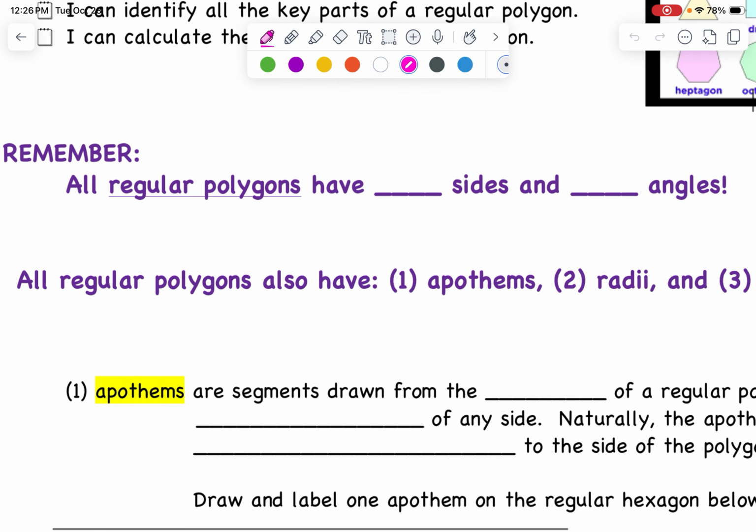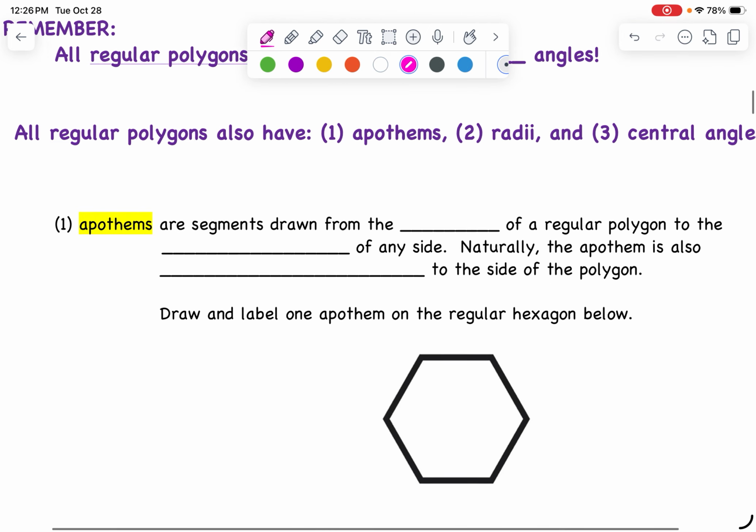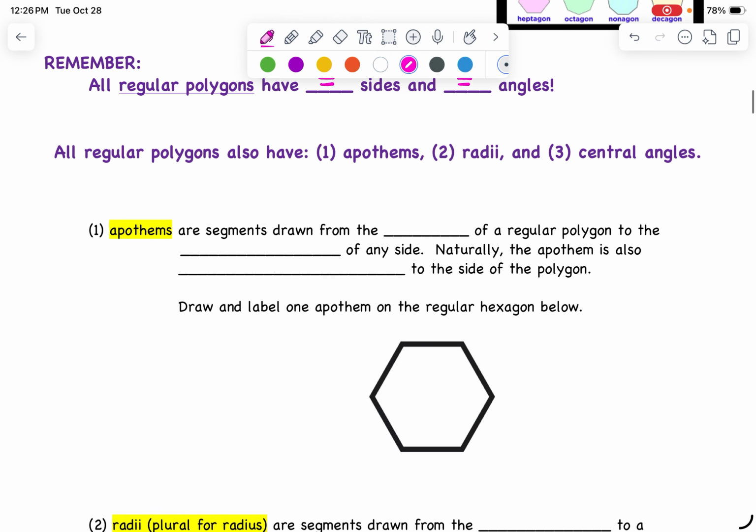So just remember that all regular polygons have congruent sides and congruent angles, which makes them very special, which means they're perfectly symmetric, right? There's a million lines of symmetry going on. All right, so all regular polygons have 3 things. They have apothems. I've heard some people pronounce it apothem, which sounds very British to me.